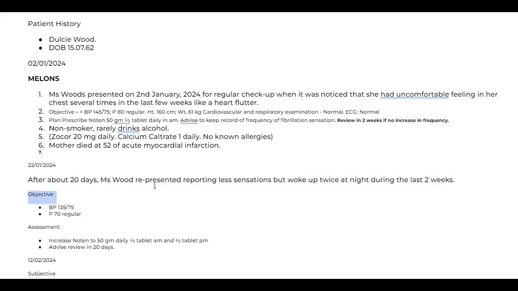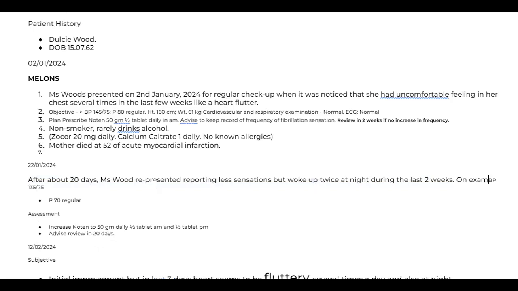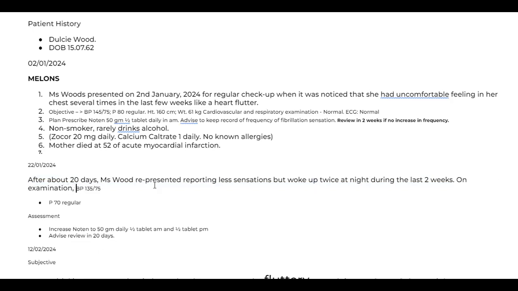Then on examination, this will come like this. On examination, her BP. Now you can make a comparison with the previous BP. What was the previous BP here? It was 145 and here it is 135.